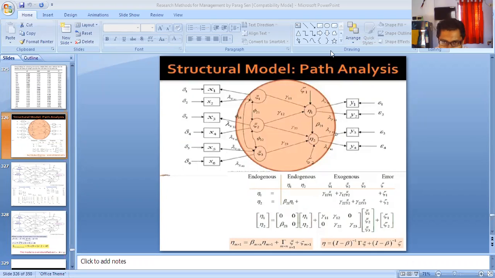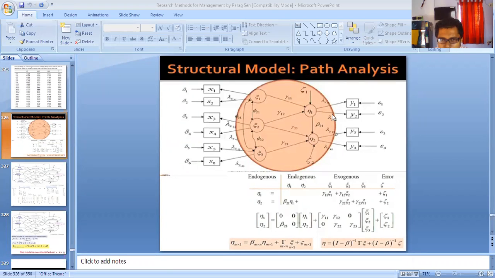Now in the first case, when you have gone through the measurement model, based on the measurement model equations, you have found the values of the lambdas, or the loadings. It will be done automatically by the software.